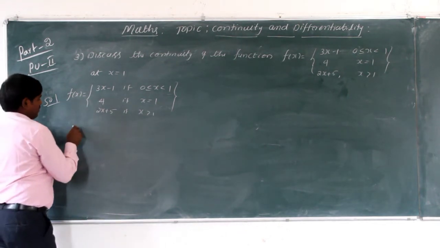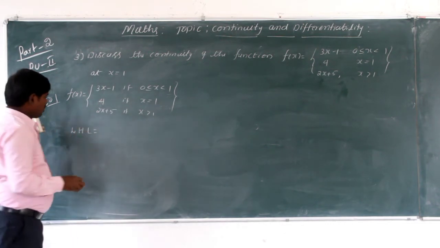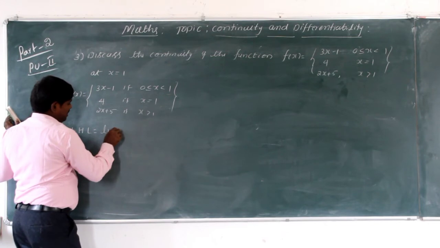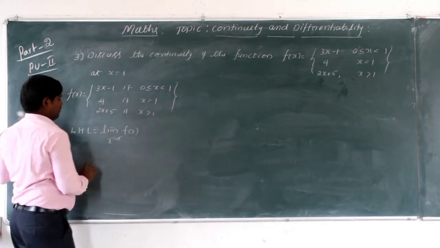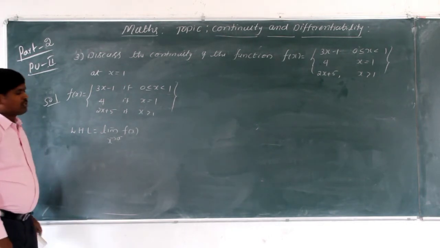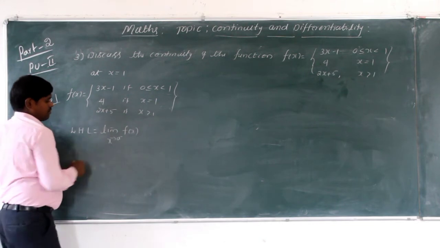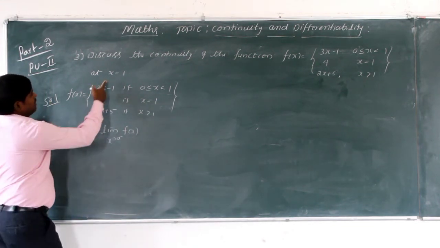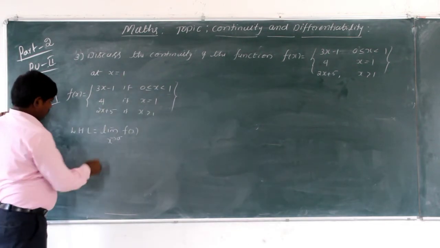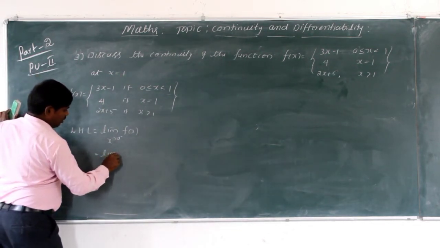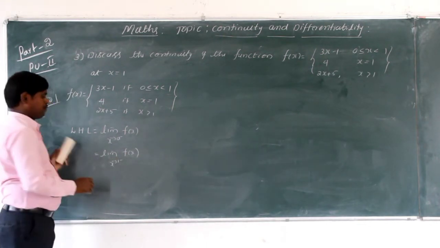Right hand limit and left hand limit. So the left hand limit. I write the definition: limit of f of x as x tends to a minus is the definition of left hand limit. Here, in place of a I am taking x is equal to 1. So the limit of f of x as x tends to 1 minus.